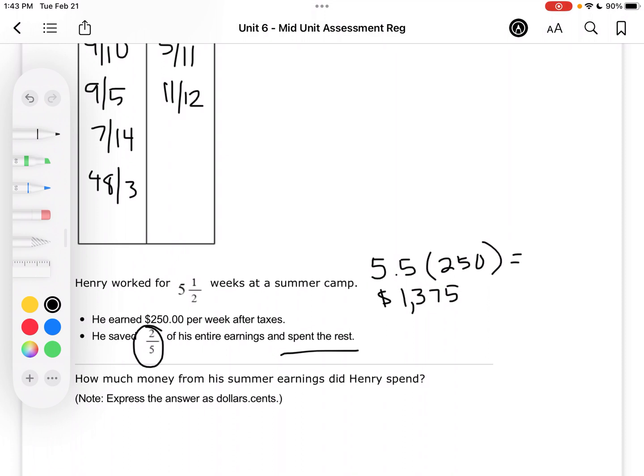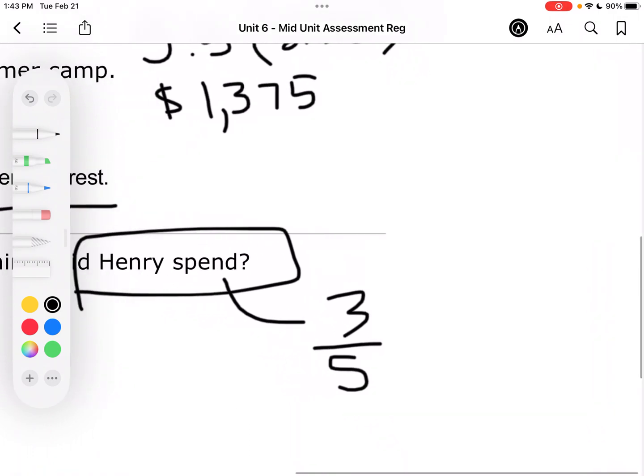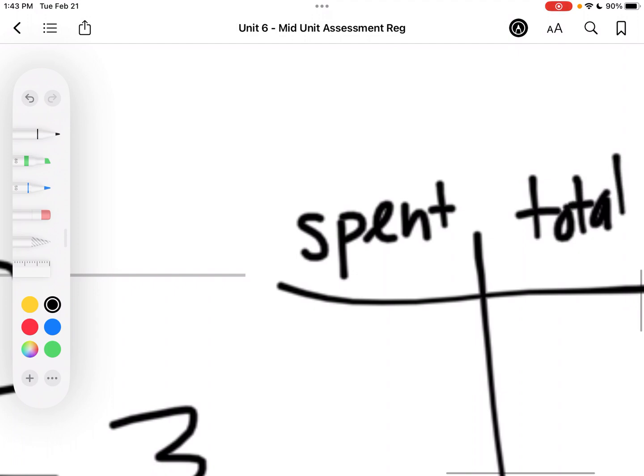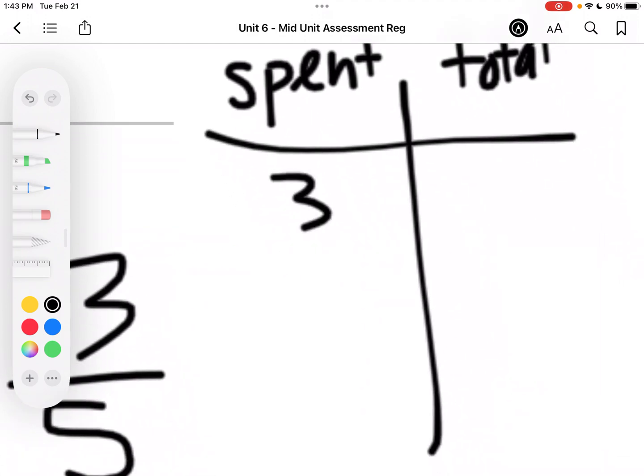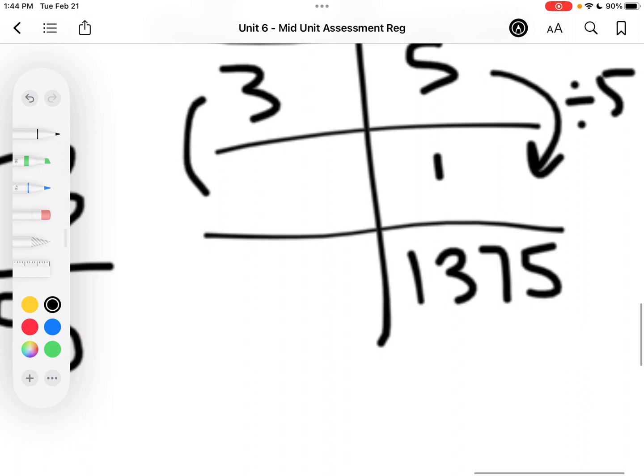So they want to know how much money from his earnings did he spend. So if I save 2/5, that means I'm going to spend 3/5 of my money. Okay, so I could set up a table if I wanted, spent and total. If I wanted to, I don't have to. 3 out of every $5. Divided by 5.